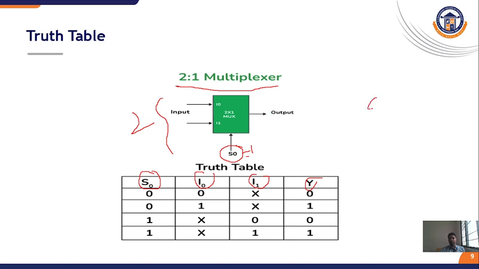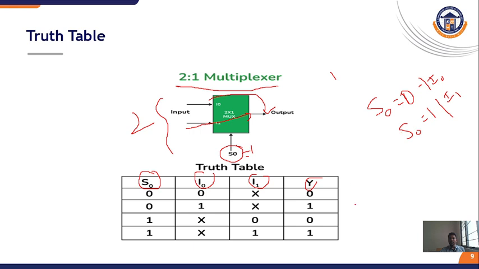If S0 is 0, the input I0 will be connected to the output. If S0 is 1, the input I1 will be connected to the output.